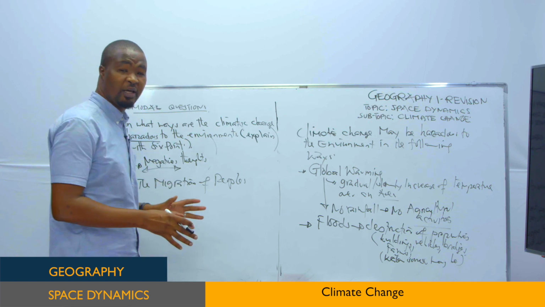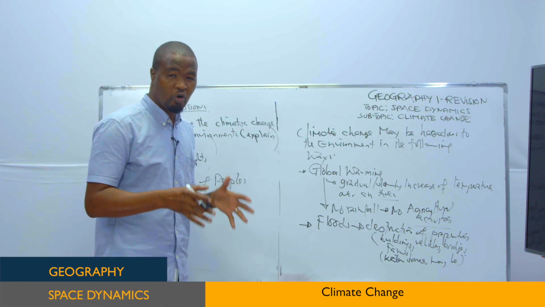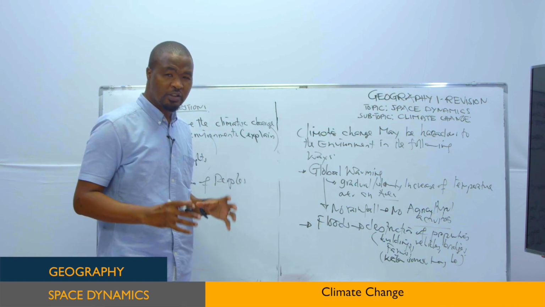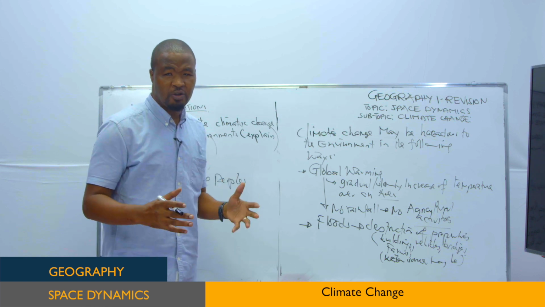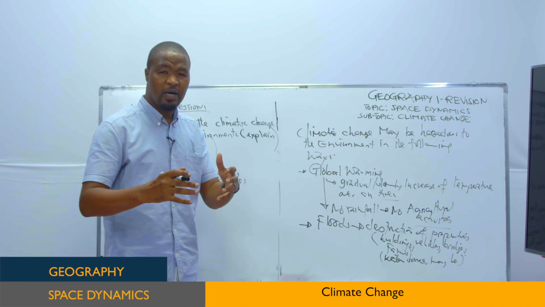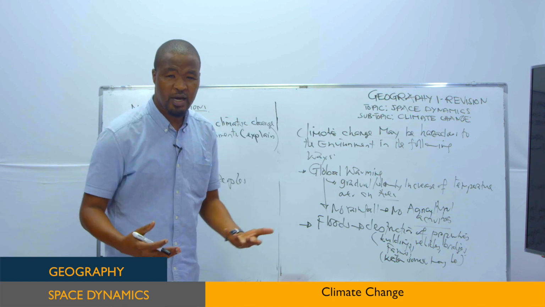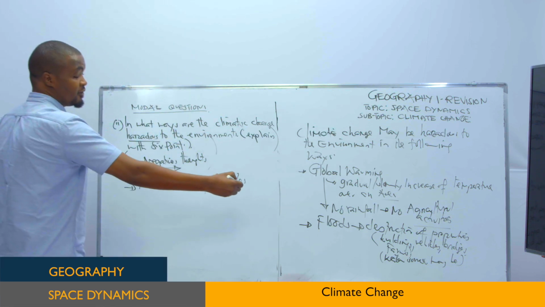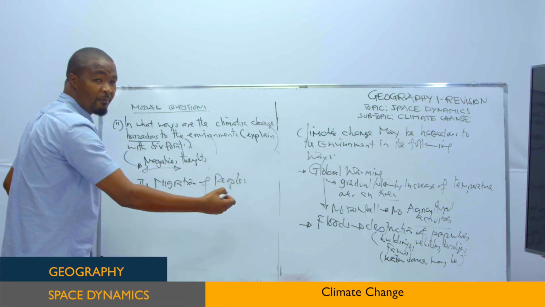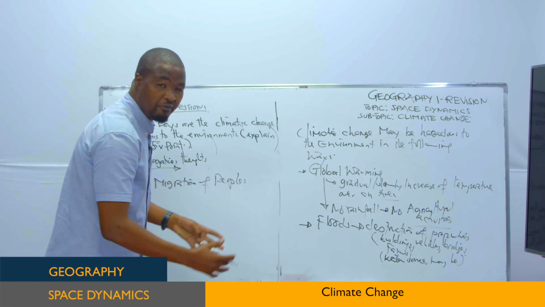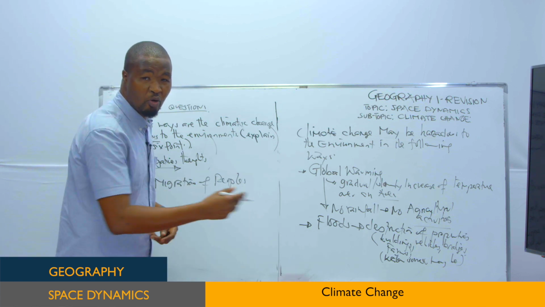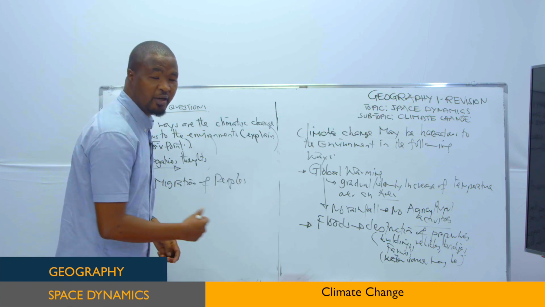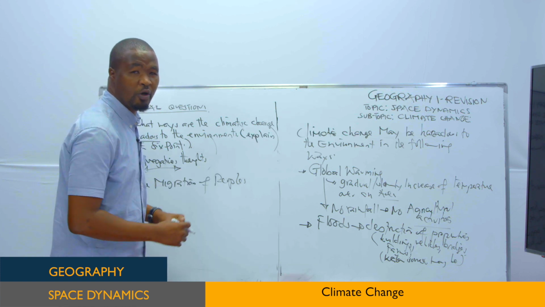Migration of people means the movement of people from one region to another in seeking good living conditions, or good climatic conditions for production of a certain activity. Due to the change of the climate, for instance, from good climatic condition to unfavorable or bad climatic condition, people may move from one area to another in seeking good climatic conditions so that they can run their activity in a normal way.